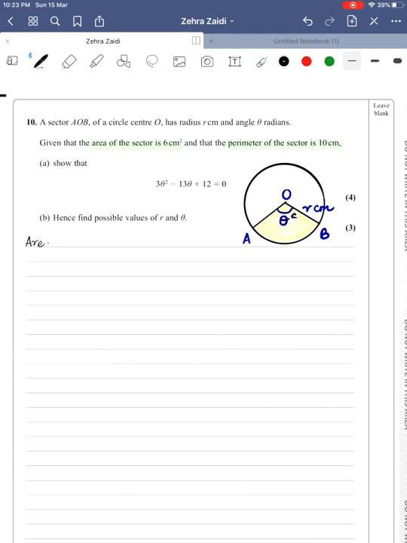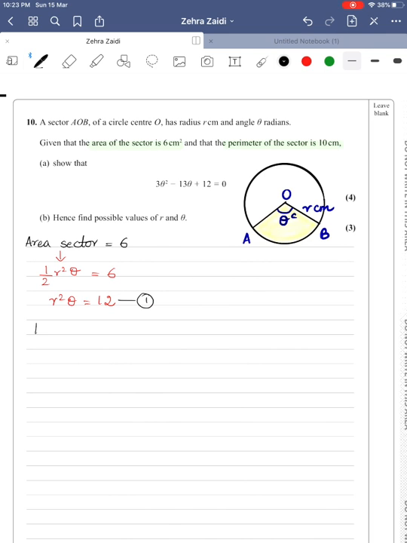Area of sector is equal to 6 square centimeters. Area is half r squared theta, and we equate it to 6. Therefore, r squared theta is equal to 12. Let's write this down as equation 1.